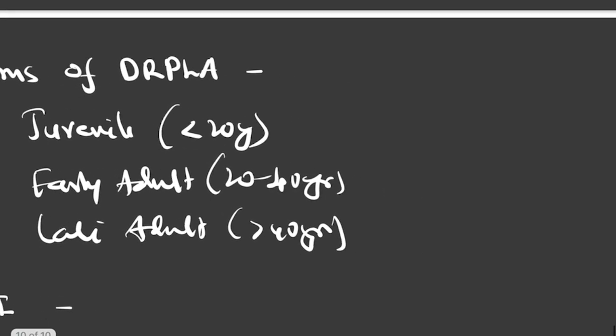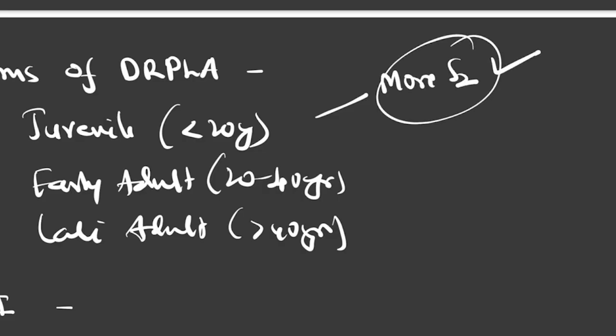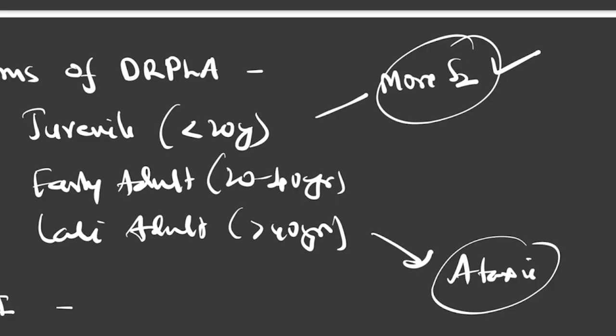One thing you should remember is that the younger the onset, that is the juvenile form, has more seizures. They are more epileptic patients and have less ataxia, whereas the later the onset, the more ataxia there will be. So less seizure and more ataxia is seen in late onset DRPLA. The juvenile one will have more seizures and less ataxia.